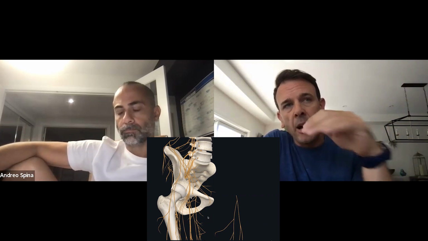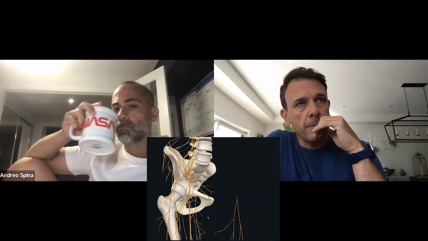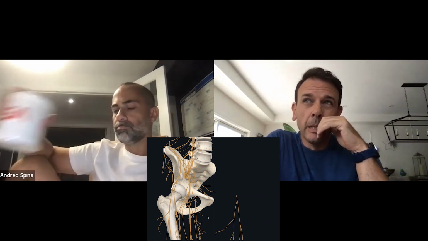But I think what is valuable, and you could probably agree with me, is that a lot of times in the hip we see the anterior hip being more problematic than the posterior hip from a movement perspective. So we get a lot more of what we would call closing angle pain and/or restriction moving into flexion than we do in extension, as a result of poor anterior hip capsule stuff.